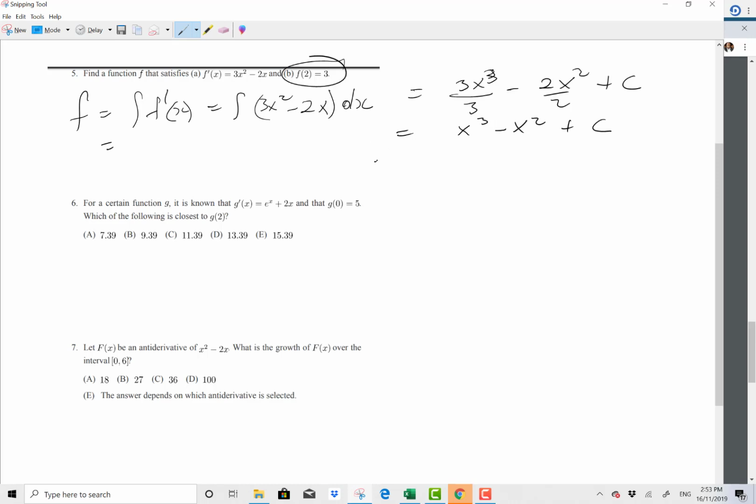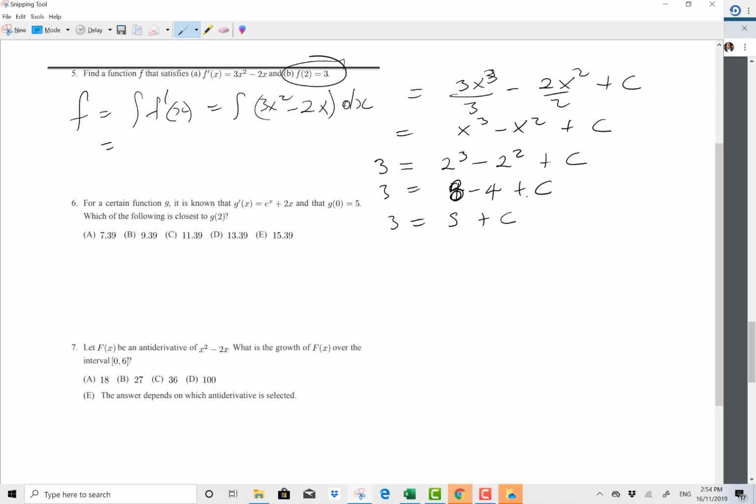I'm going to plug in 3 for y, so that's going to be 3 equal to 2 cubed minus 2 squared plus c. This right here is going to be 3 equal to what? That's 4. Sorry, that's 8. The 2 cubed is 8. 8 minus 4 plus c. So I'm going to get 3 equal to 4 plus c.